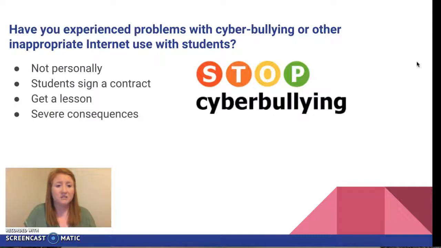So our students have to sign a contract before school starts saying the rules of being on the internet and stuff like that. They get a lesson over cyberbullying, appropriate use, and what happens if you stumble upon something that you're not supposed to, and things like that. So if they are caught at school cyberbullying or using technology inappropriately, there are severe consequences.